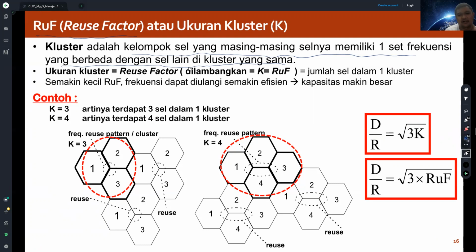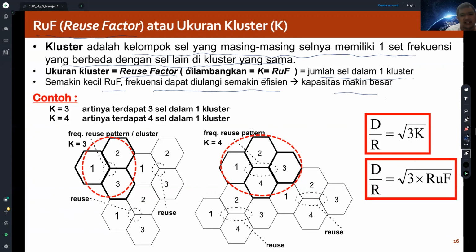The size of the cluster is called the reuse factor, symbolized by K, which is equal to the number of cells within one cluster. The smaller the value of K, the more efficient the frequency use, and the larger the capacity will be.